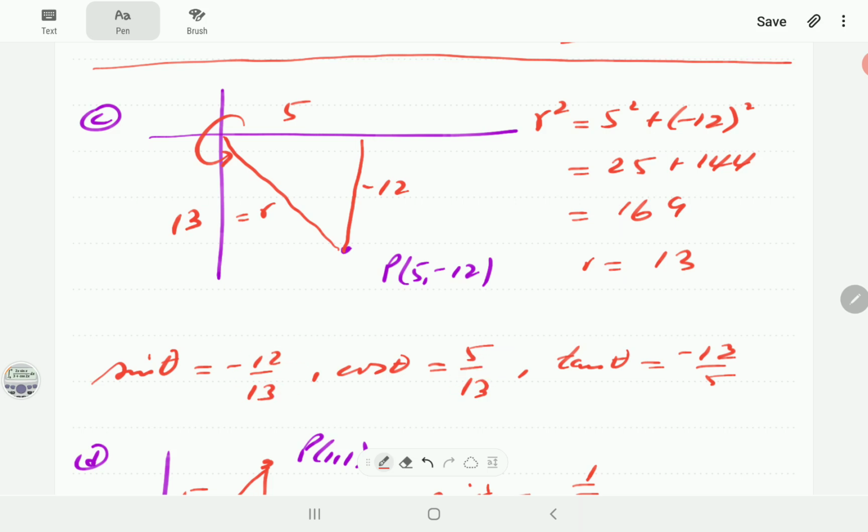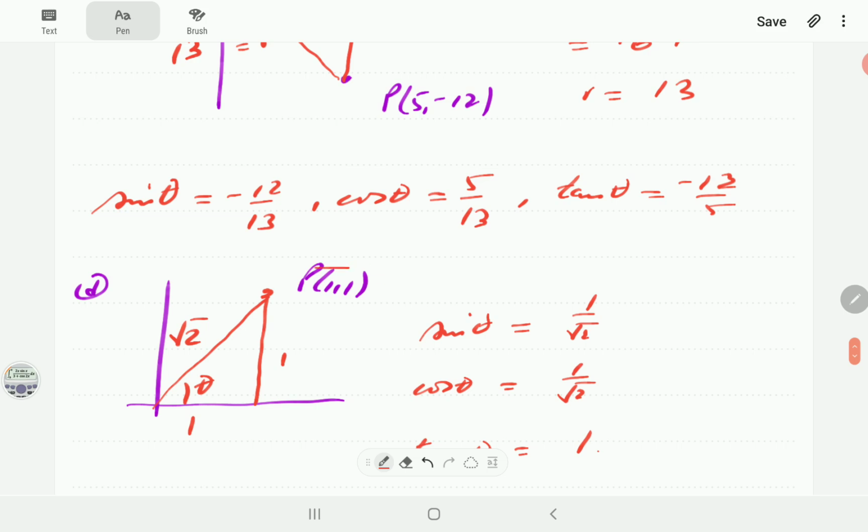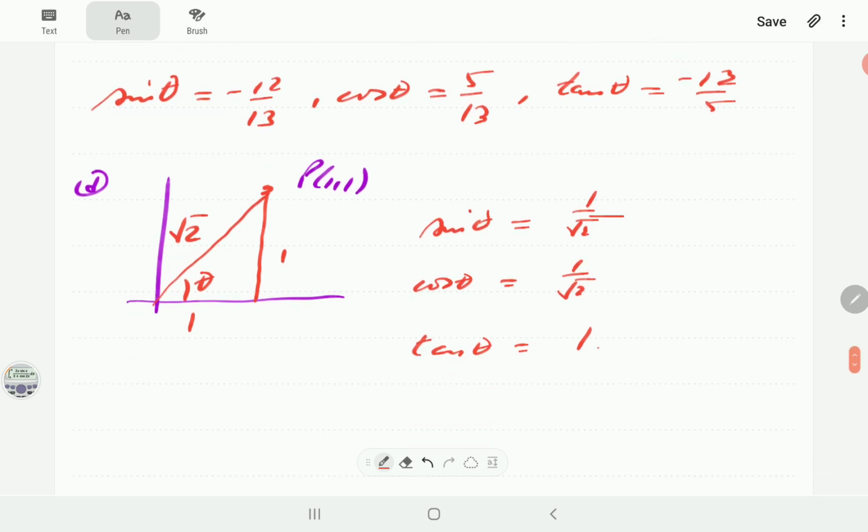Cosine theta is going to be 5 over 13, and tangent theta is going to be minus 12 over 5. In D, 1, 1 is in the first quadrant, so the sketch looks like this. The hypotenuse is going to be square root 2. So sine theta is going to be 1 over root 2. Cos theta is also 1 over root 2, and tangent is equal to 1.